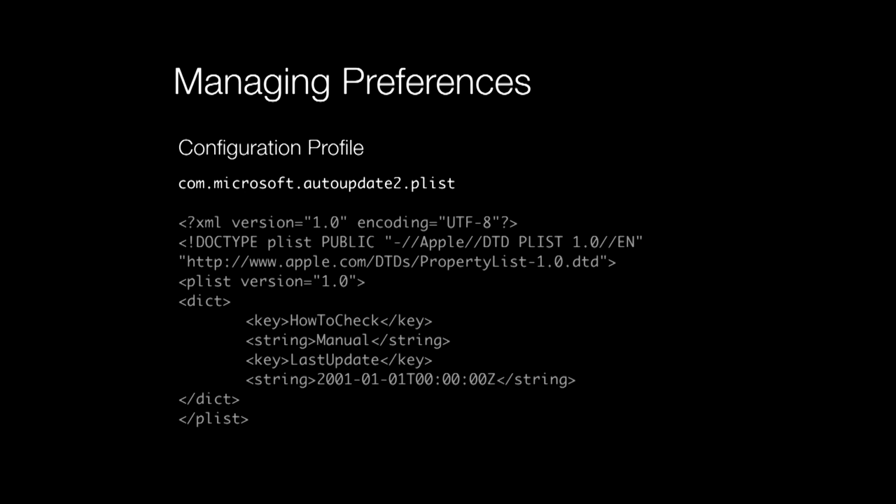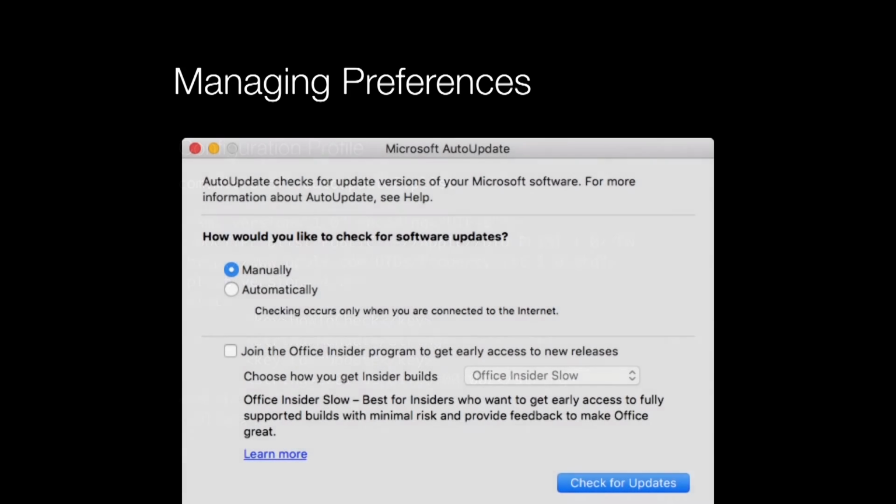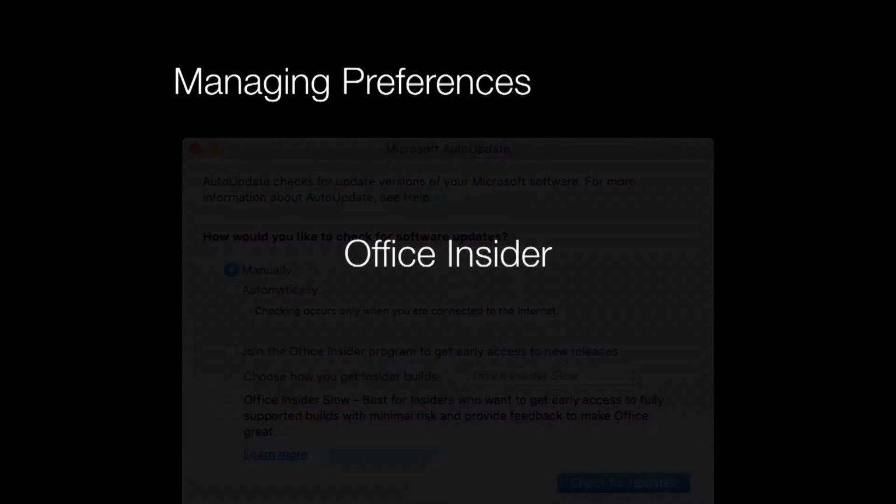We can also create and upload this plist to an MDM to make a custom configuration profile to do the exact same thing. This doesn't dim and disable these settings, so it won't stop somebody from manually checking for updates, but it will always override the automatic update.